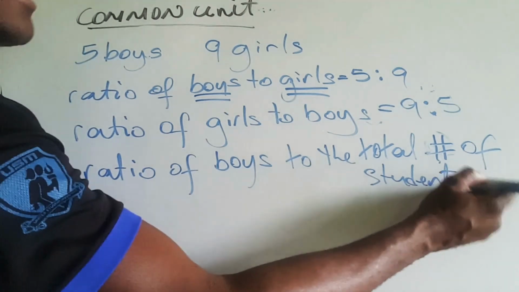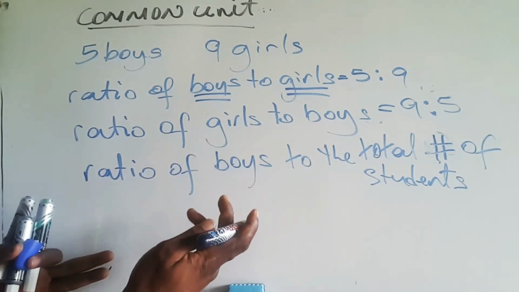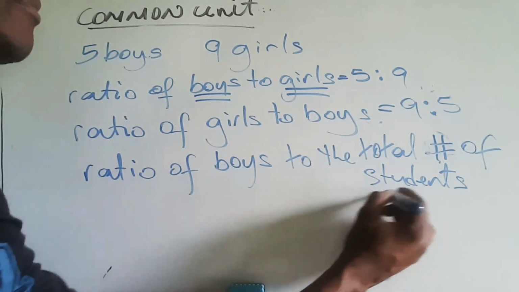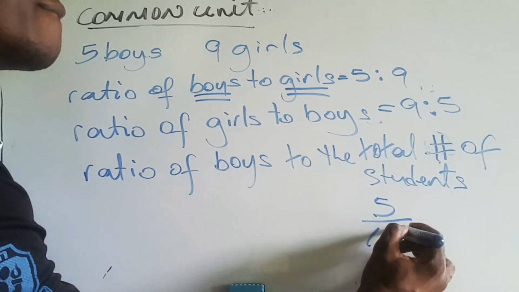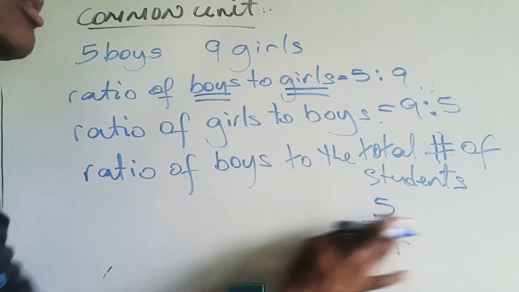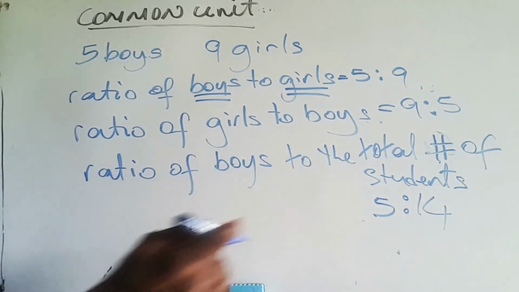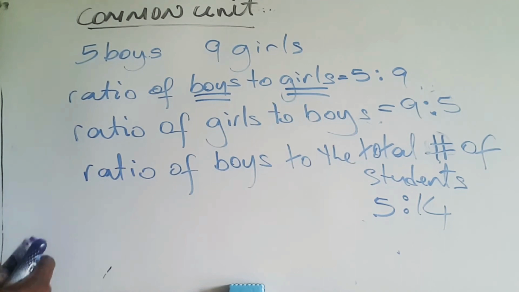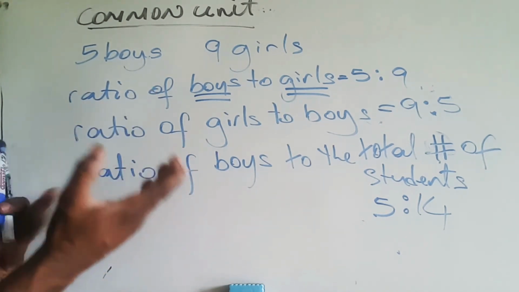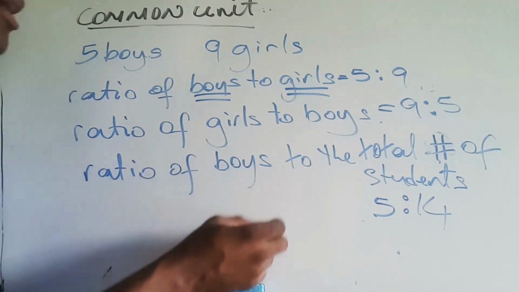For the total number of students, you're looking at 14. So this would have been 5 boys to 14. All right? So we could write it in that form, or 5 to 14. So when we're writing things in ratio form, depending on what we have, we could represent them like this. All right, good.